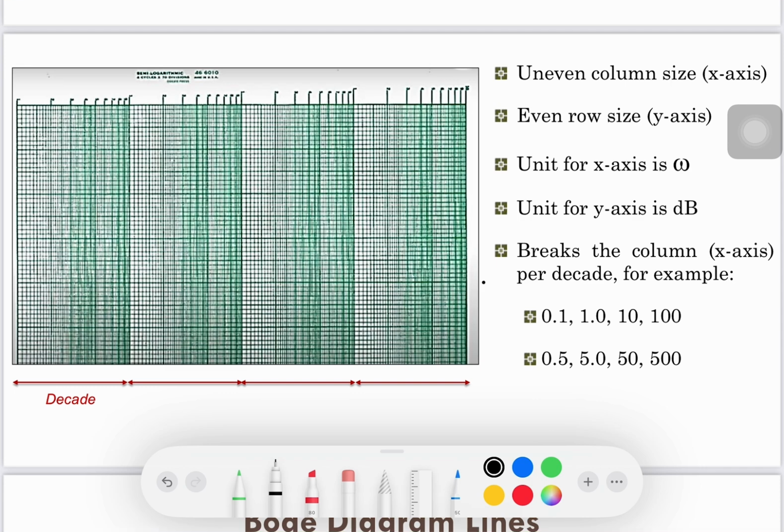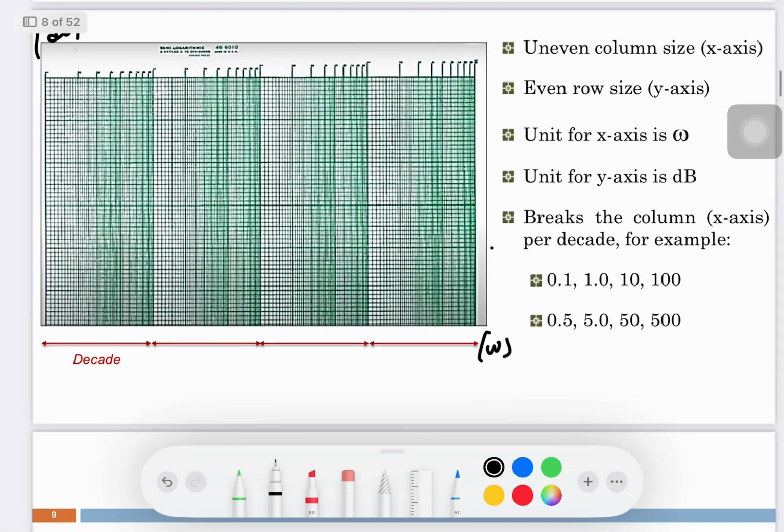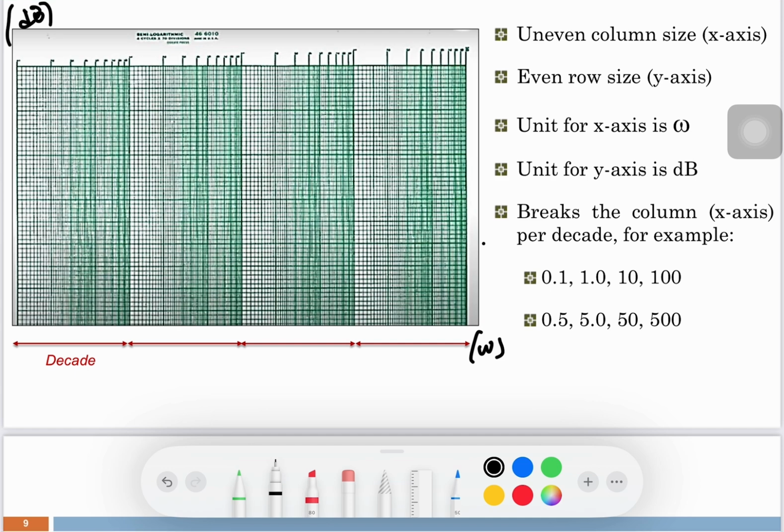The unit for the x-axis is omega, and for the y-axis it is dB for the magnitude. The column breaks on the x-axis are per decade, meaning every 10-fold: 0.1, 1, 10, 100, 500. If you begin with 0.5, it can also go 0.5, 5, 50, 500. It depends, but as long as it is 10-fold.